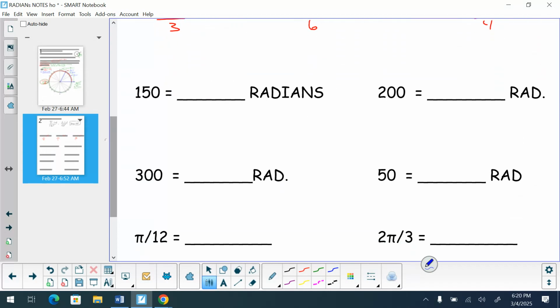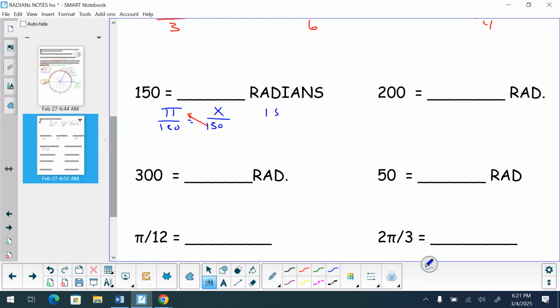So if we look at 150 degrees and want to change it to number of radians, we have pi over 180 is equal to x radians over 150 degrees. Now typically we want to leave these things in terms of pi. Solving a proportion, we can cross multiply.